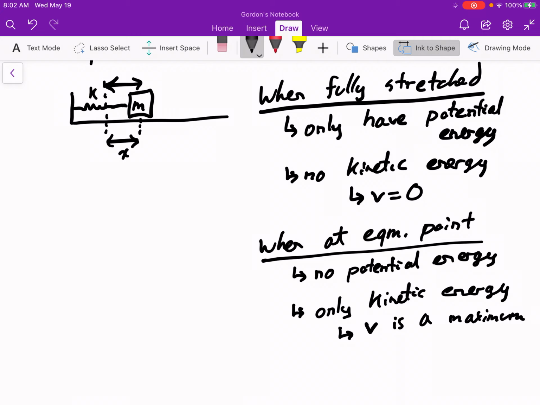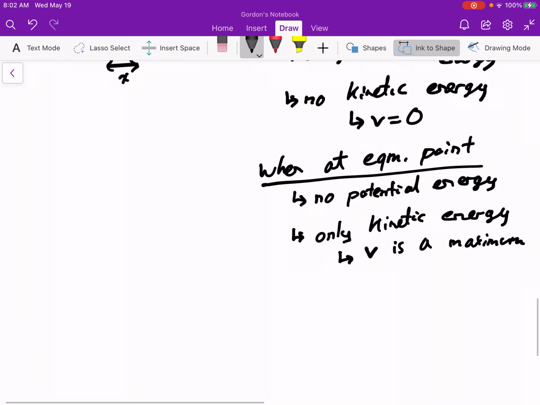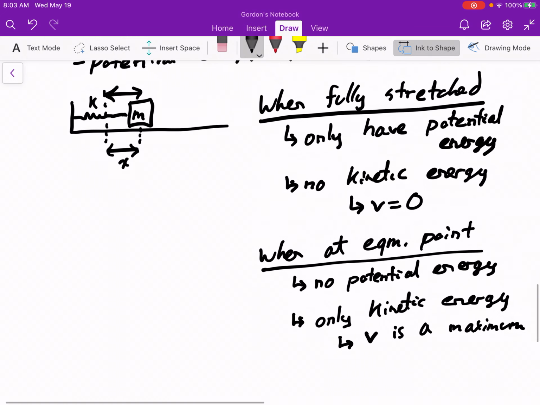This is a little bit different than when we were talking about acceleration, but as the object passes through its equilibrium point, it's going to be moving at its fastest speed, but it's going to be accelerating at its lowest amount. So they're kind of opposites of each other here, velocity and acceleration. And then in between the points, when it's not fully stretched out and it's not at the equilibrium point, we're going to have some amount of potential energy and some amount of kinetic energy, and we're going to be able to calculate all of these things. We're going to look at an example in the next video, but I just wanted to mention this.